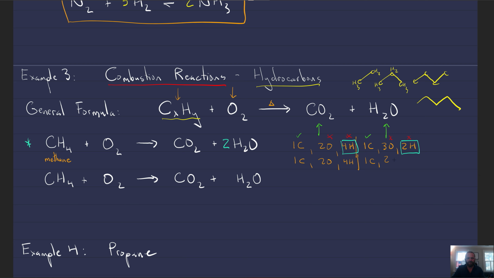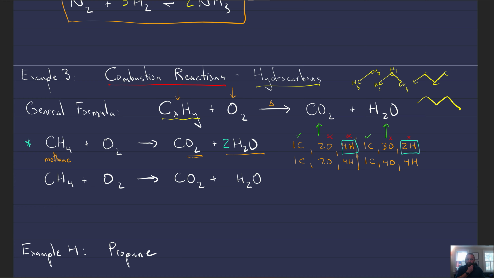Oh my gosh, I screwed that last little part up. So we get 2 from here, and we already have 2 here. So we have now 4 oxygens, right? And how many hydrogens? 4 hydrogens, which is what we were going after to balance in the first place.